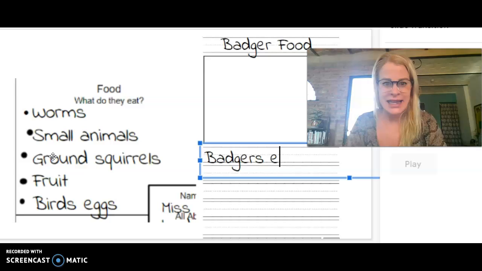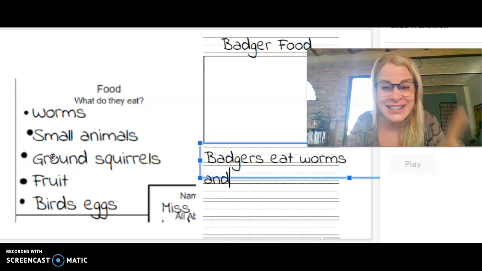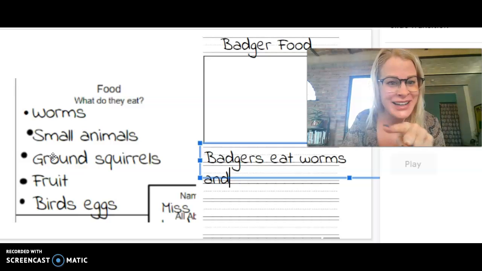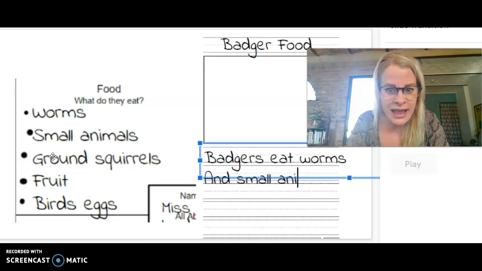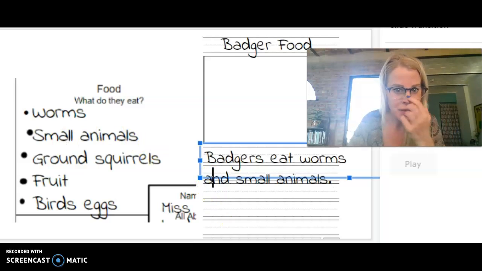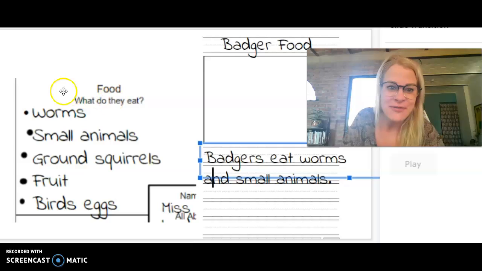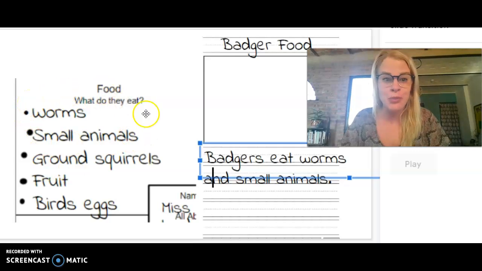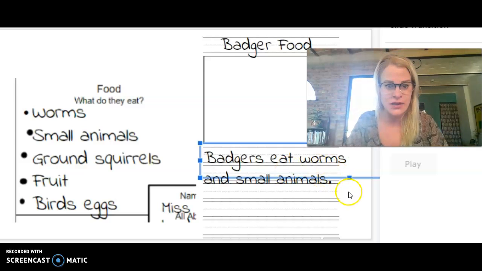Badgers eat worms and, that's my connecting word, small animals, period. We don't want that random capital there. So now I just connected these first two points into one sentence. It sounds way better. Badgers eat worms and small animals.